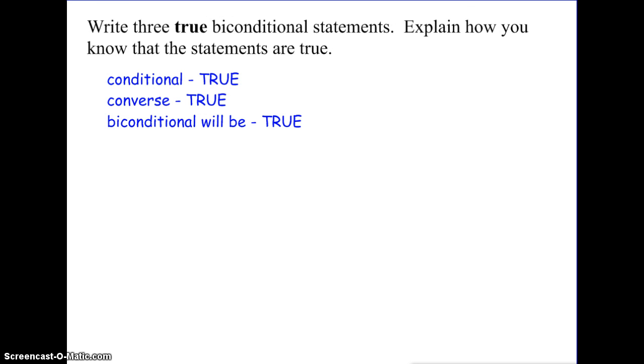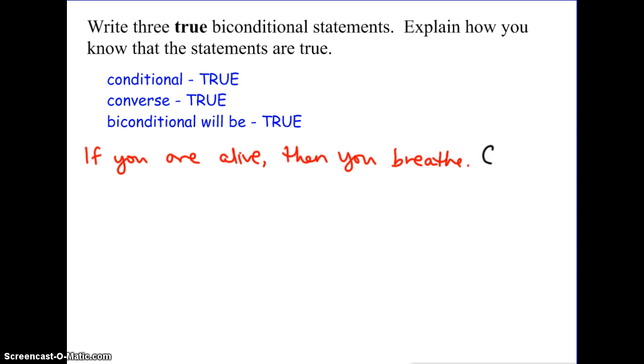Alright, so we're going to write three different biconditional statements and explain how we know that they are true. So first off, let's do something that's maybe not math related. Okay, so if you are alive, then you breathe. Well, that's a true statement, right? Okay, that's going to be our conditional statement.